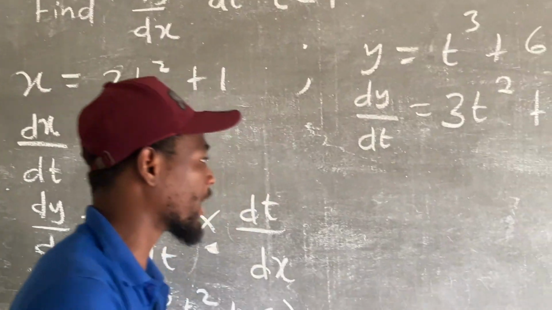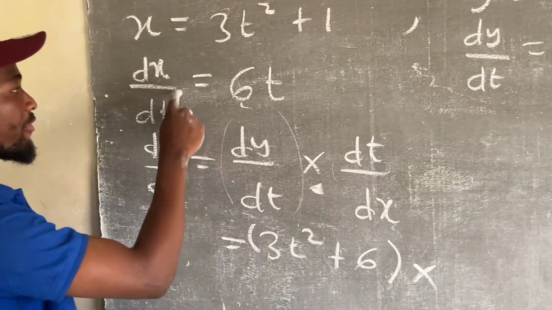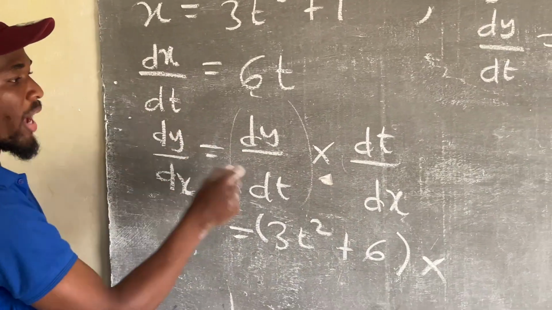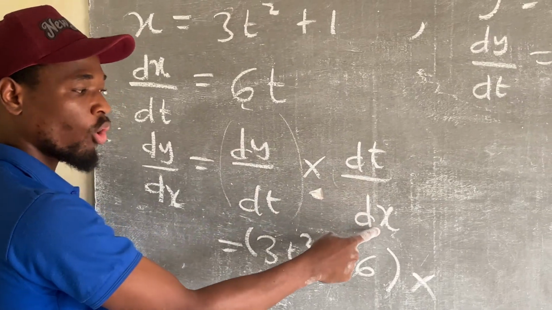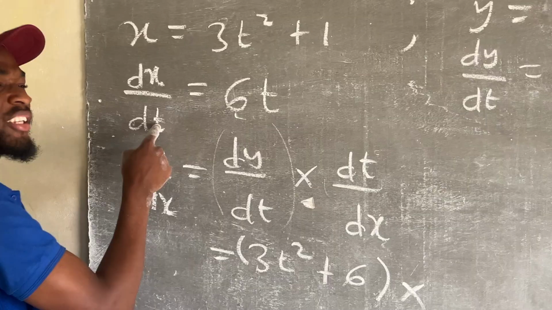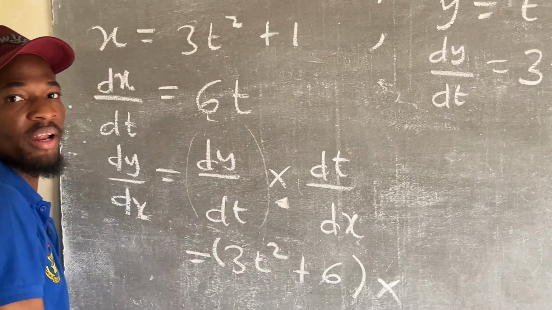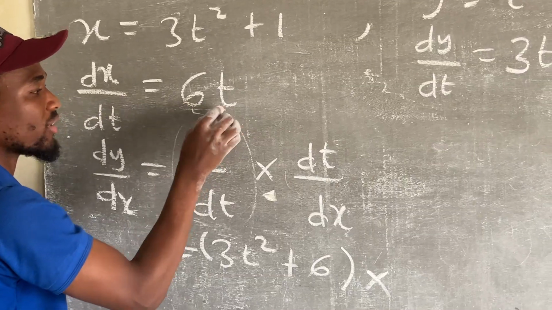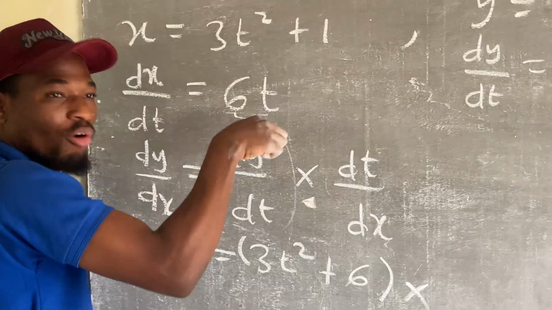So we are going to also reverse this. From the formula, we have dt over dx, but here we have dx over dt. So we need to find the reciprocal of that. Remember, this is over 1, right? So when I find the reciprocal, I have 1 over 6t.